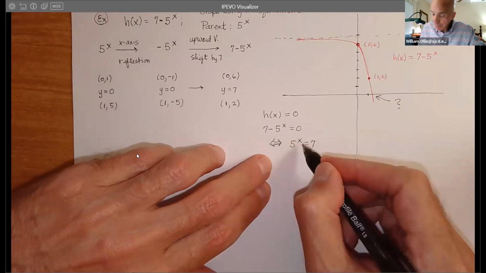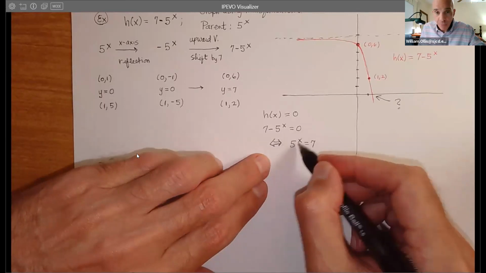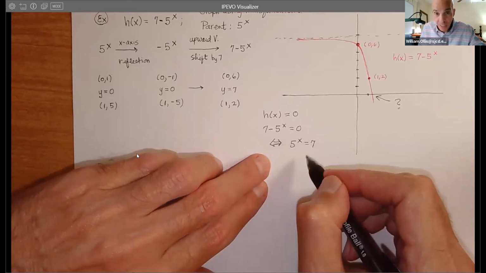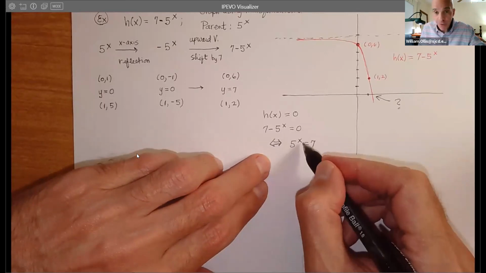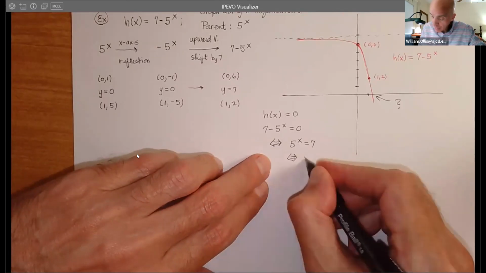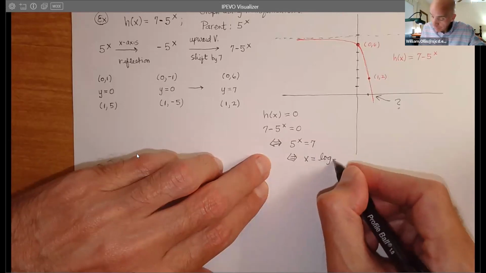So for instance, x is a power of the base. So it's a base 5 logarithm, and explicitly, it's the base 5 logarithm of 7. So we write this in the corresponding exponential form. So this is x equals base 5 logarithm of 7.